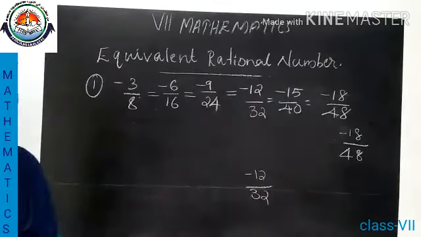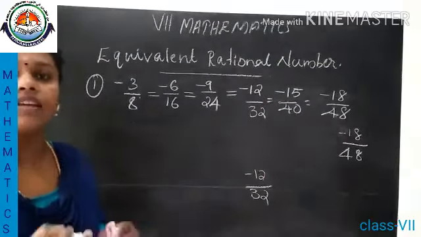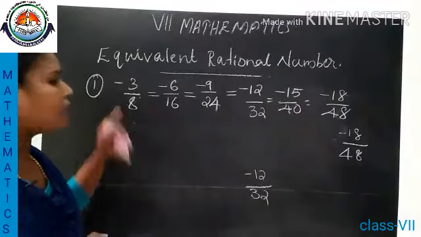These are the 5 equivalent rational numbers for negative 3 by 8.